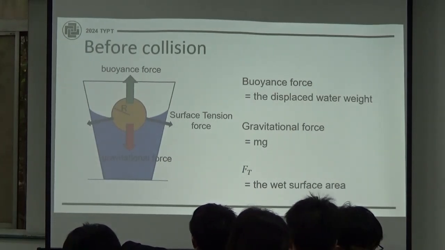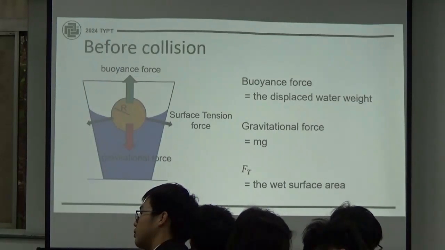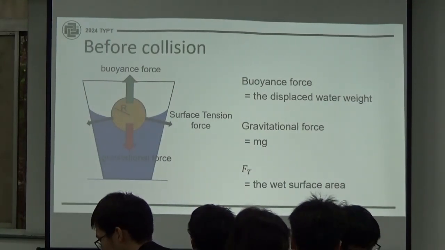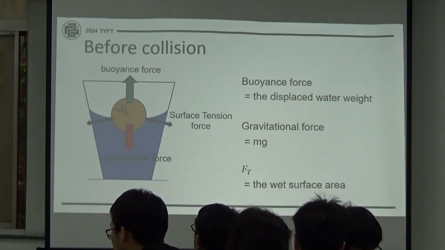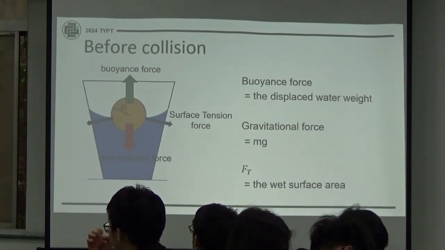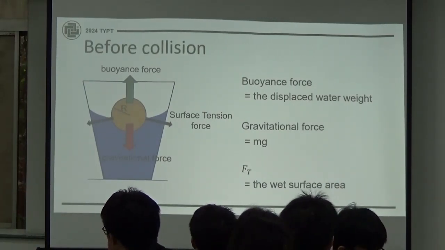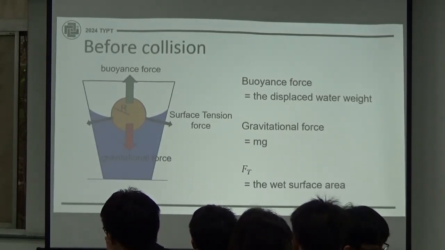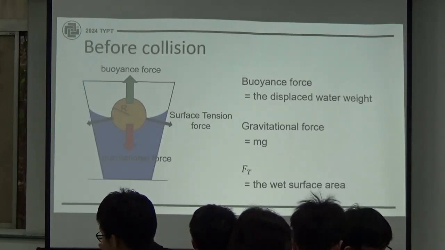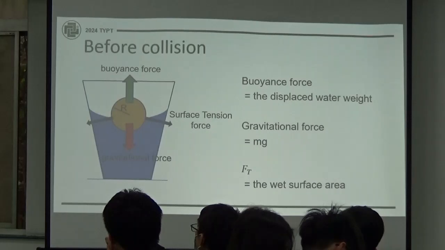Before collision, the picture shows the ping pong ball floating in a container in a regular situation, and the forces on the ping pong ball are the buoyant force, gravitational force, and surface tension force. And in experience, the surface tension force always makes the ping pong ball leave the middle of the container.